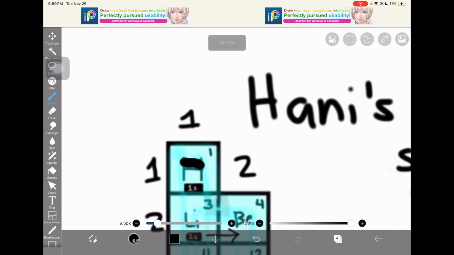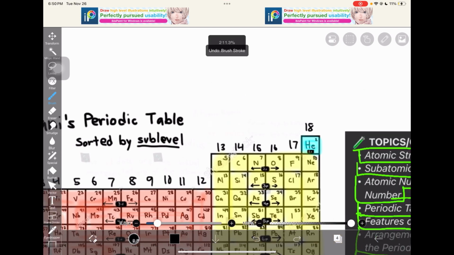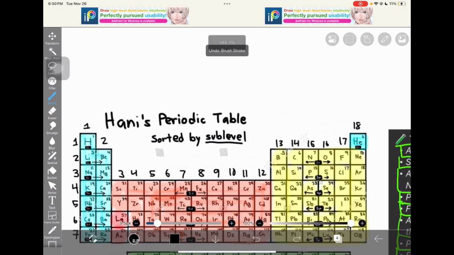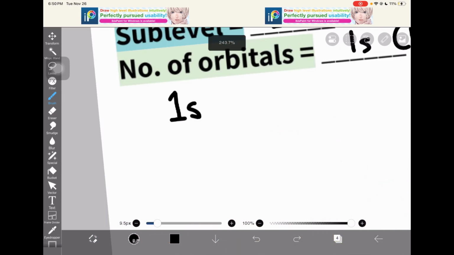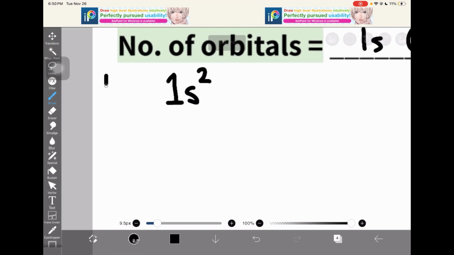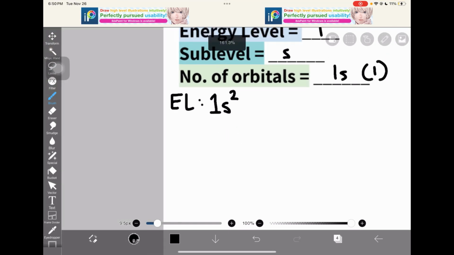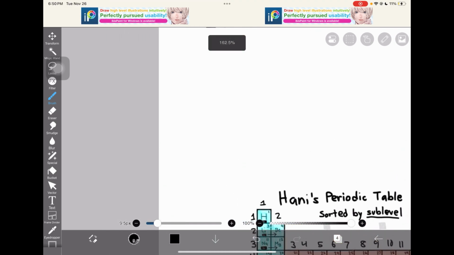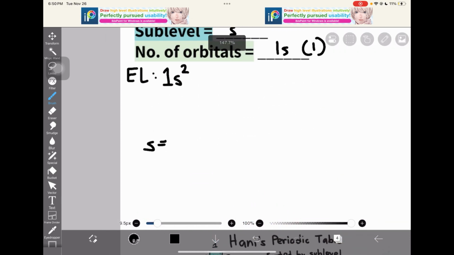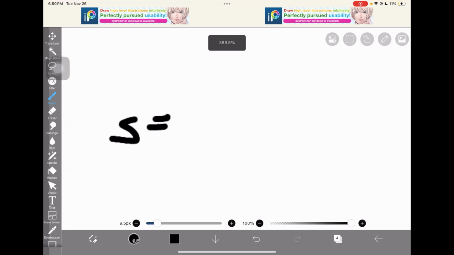So there's 1 for hydrogen and 2 for helium. Since we passed by 2 elements covering the 1s, that means we covered 2. And that's already the electronic configuration of helium.